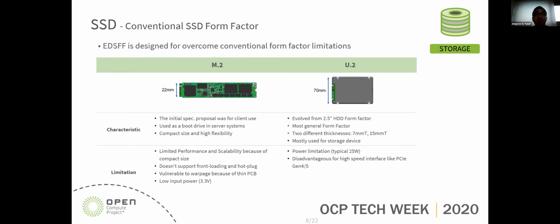U.2 is the most popular form factor these days, but it evolved from the 2.5-inch hard drive form factor. So even though it's most popular, it still has power limitations and disadvantages for high-speed next-gen interfaces like PCI Gen 5 and 6.